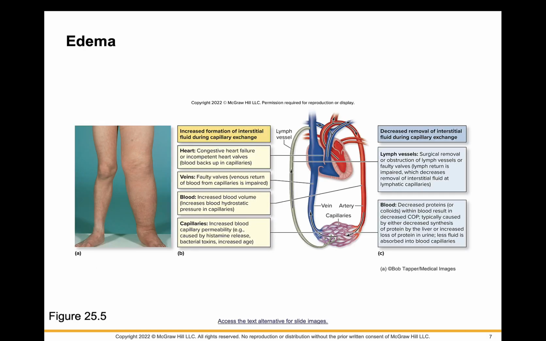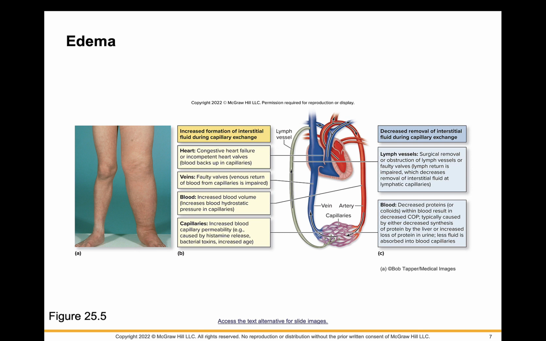Here we can see some situations that are due to the increased formation of interstitial fluid, and remember, this potentially can occur during capillary exchange. If we look at the heart, think about congestive heart failure or valves that aren't sealing correctly, and this can actually back blood up in the capillaries.